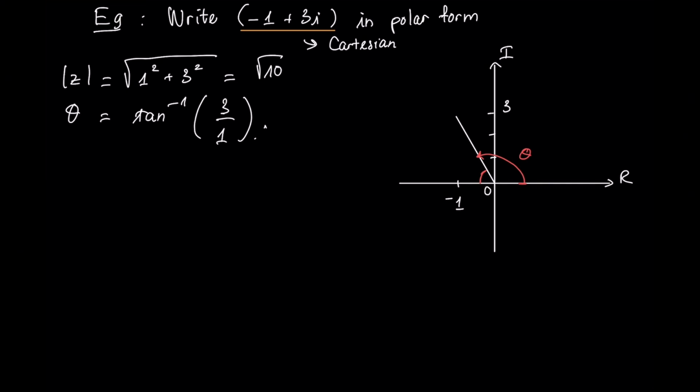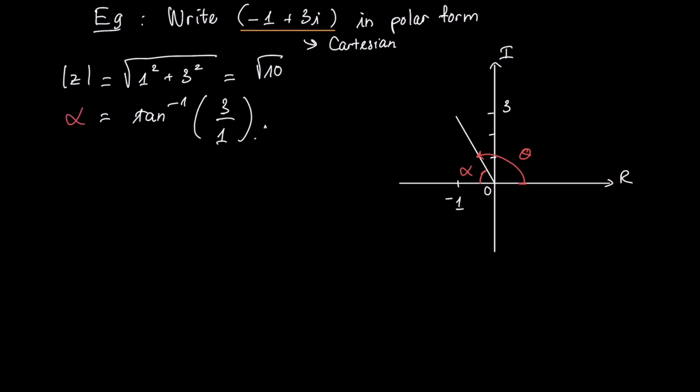That is the argument. So of course, you can still try to calculate this part, and eventually you can take 180 degrees minus this, or pi minus this, let's call it alpha, to get theta.